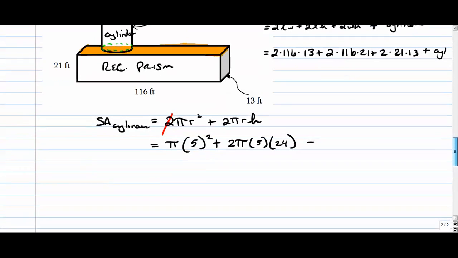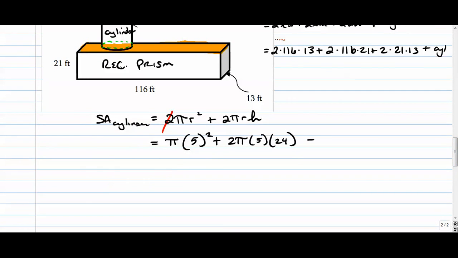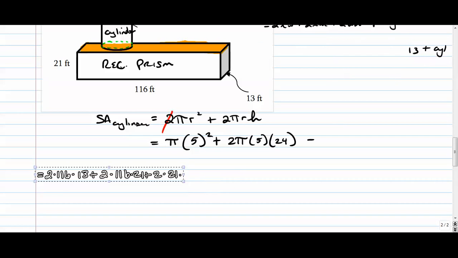Let me bring this all down here. Let me see if I can copy and paste this thing. So we're going to bring this whole thing down here, plus pi times, let me copy and paste it again.